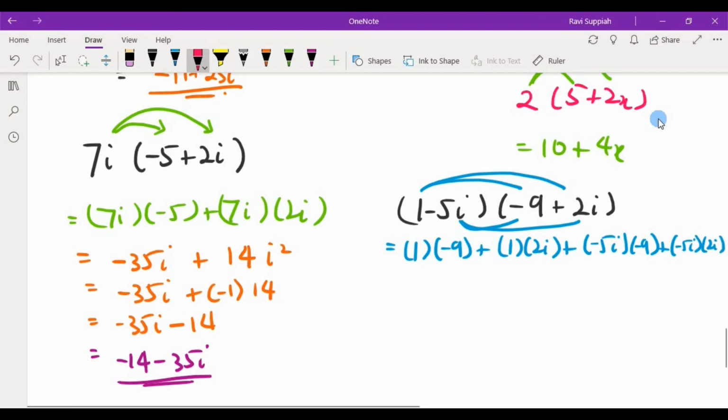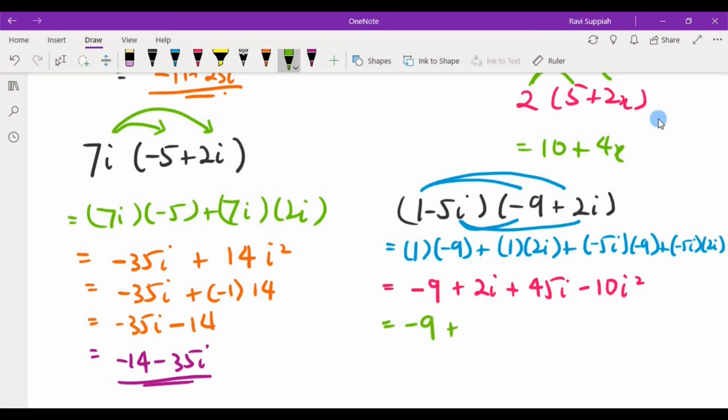So what I have next is 1 times minus 9 is minus 9, plus 2i, plus negative 5 times negative 9 is 45i, negative 10i squared. Then we're going to group them up.